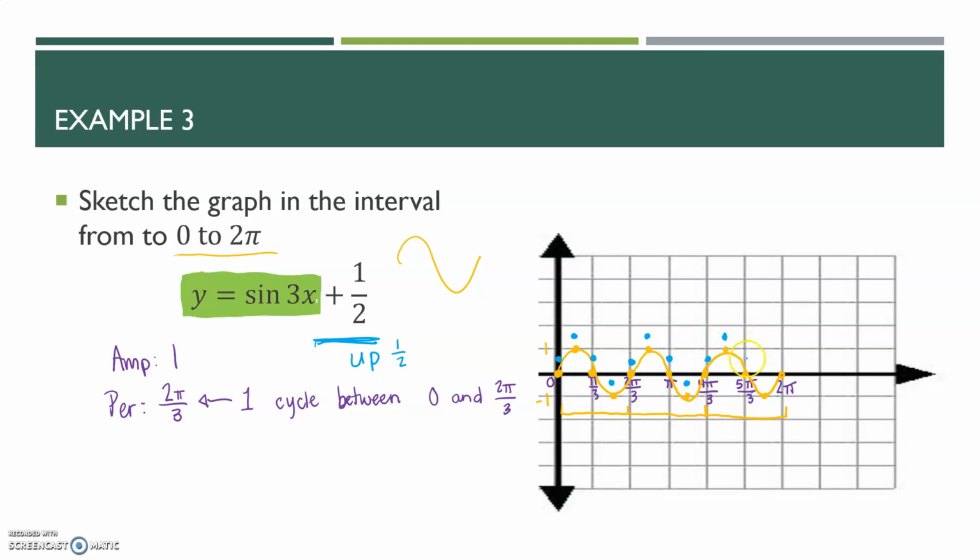What you could do if you don't like having your points in between 0 and 1, for example, excuse me, I could have graphed 0, 1/2, 1 and counted by 1/2, and that would make it look maybe a little cleaner.